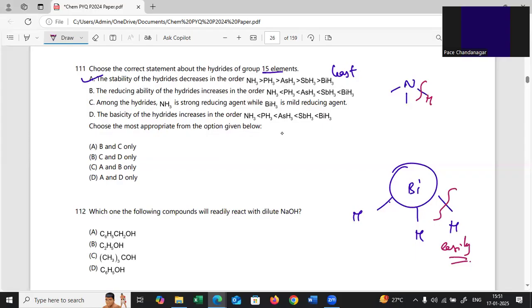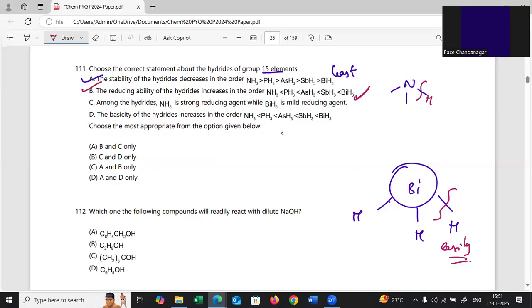Whichever easily releases H+ ions is a better acid and a better reducing agent. Reducing ability means the compound should behave as a reducing agent. A reducing agent is a hydrogen donor, so it gives H+ ions easily. So BiH3 is better. So option 2 is correct.